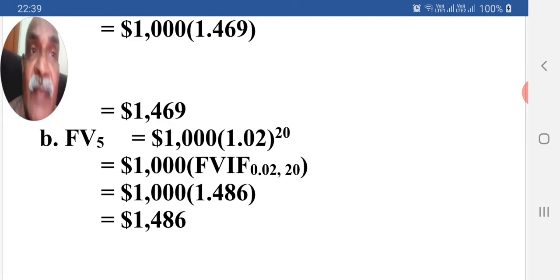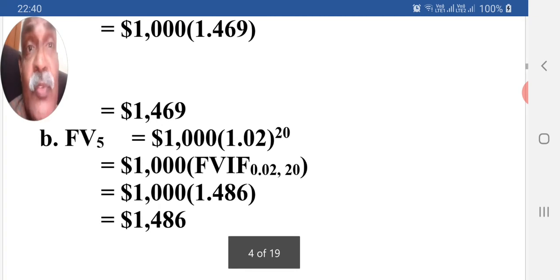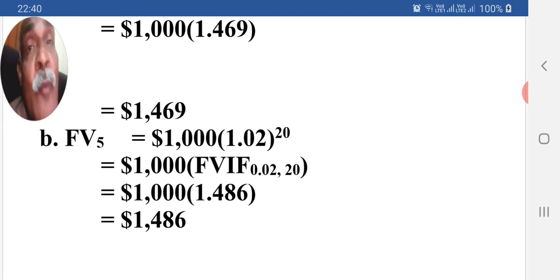I is equal to 8% divided by 4, that is 2%, which is 0.02. And n: you are receiving after 5 years, but in 1 year there are 4 times, so 5 multiplied by 4 is equal to 20.